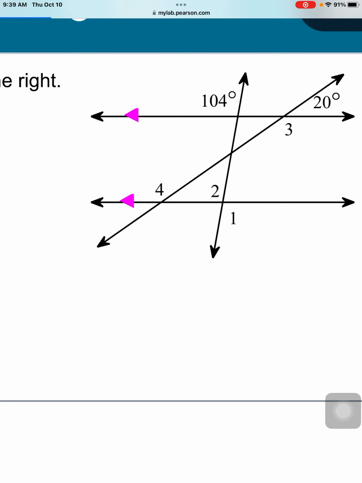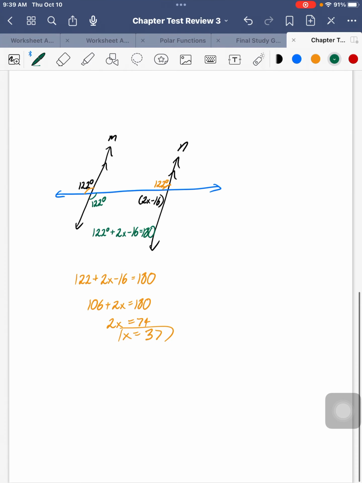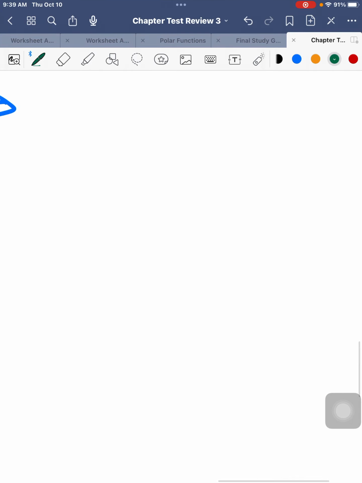So on your paper, I think it'd be smart if you guys were to actually draw it out little by little, right? What does it look like? It looks like this. It looks like that.